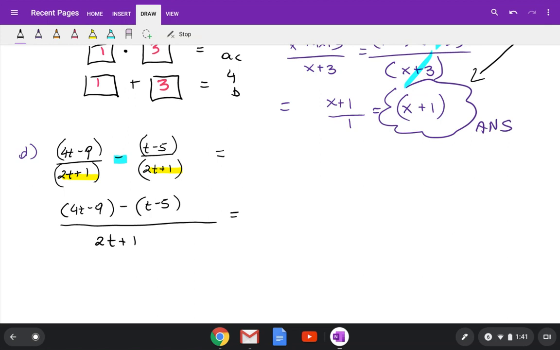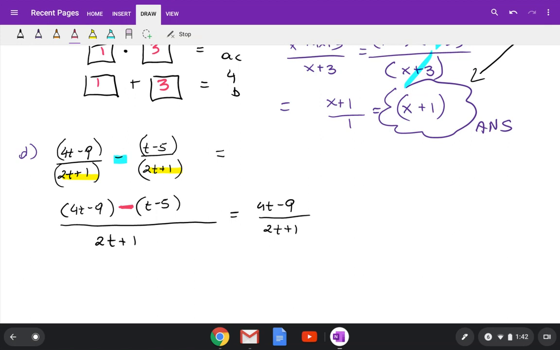Okay, let's start simplifying. In front of 4t minus 9 there is no operation, so I'm just going to remove those parentheses. So this is 4t minus 9. Now look what happened. You're subtracting the entire operation.